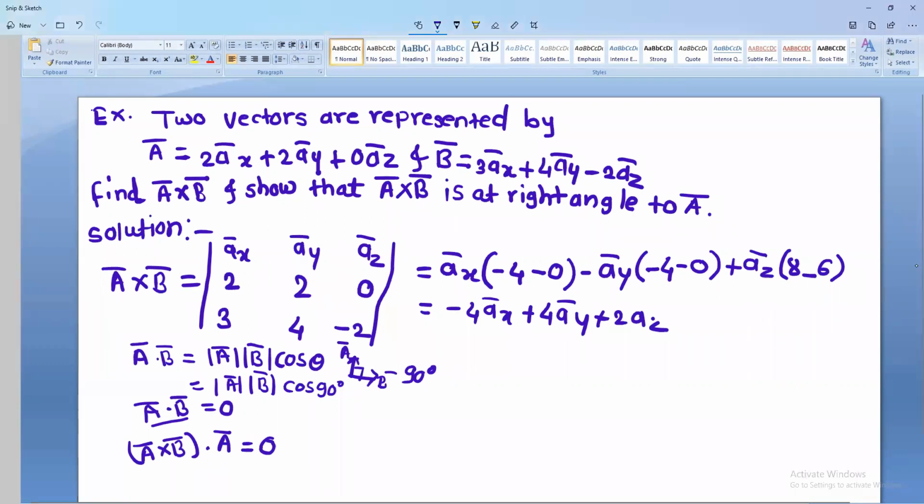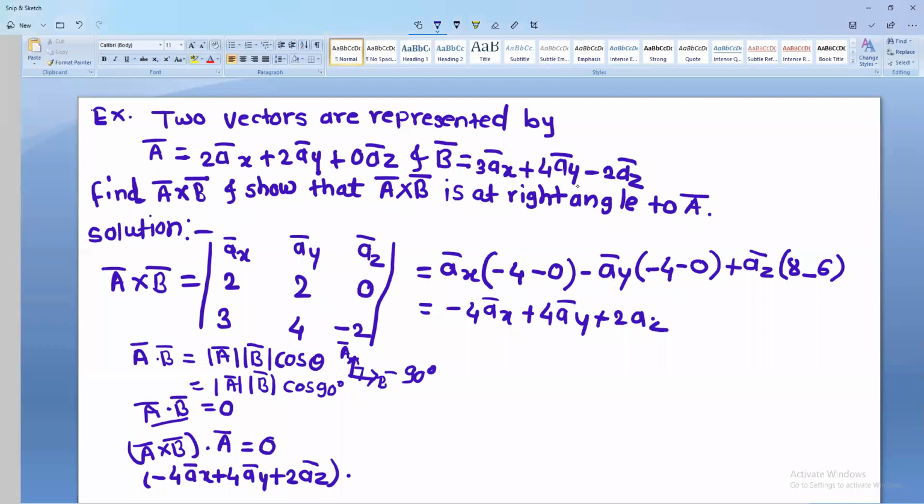So a bar cross b bar is equal to minus 4 a bar x plus 4 a bar y plus 2 a bar z, right?